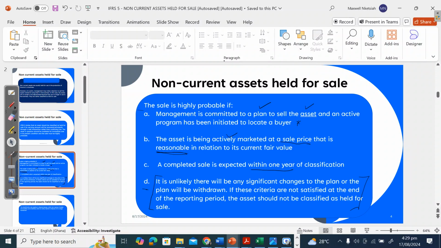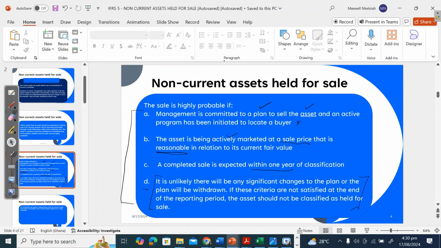All these principles are there to make sure that the items in the financial statements are reported fairly, to reflect the actual situation on the ground.